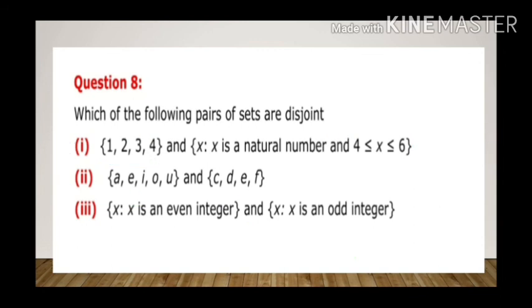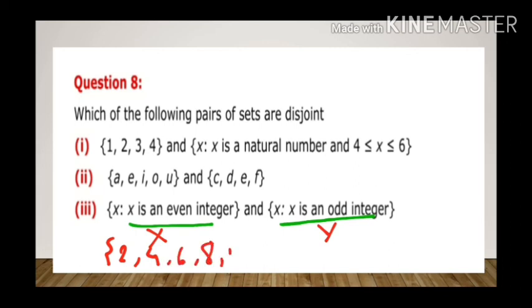Clear? Now the last one: x where x is an even integer, and here x where x is an odd integer. Considering this one as x and this one as y, x will contain 2, 4, 6, 8, 10 and so on. Since it is an even integer, the negative numbers will also be there, 0 will also be there, -2, -4, -6 and so on.